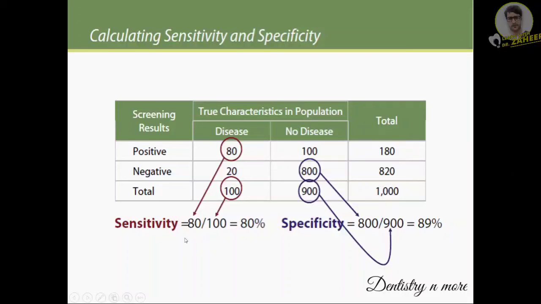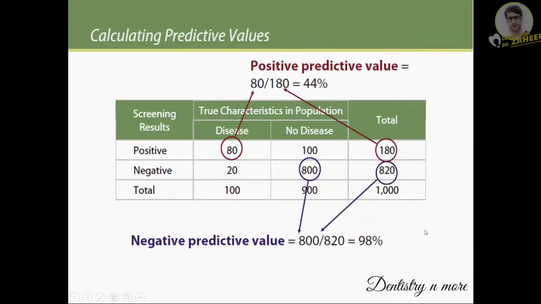So this particular test is able to detect 80 cases out of 100 cases, and it is able to detect 89 healthy people out of 100 healthy people. So its sensitivity is 80% and specificity is 89%.